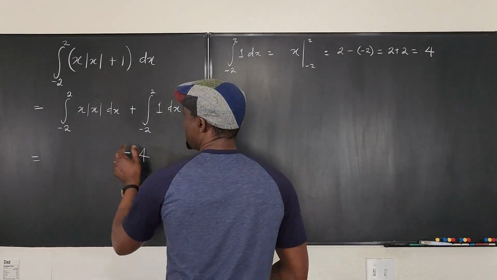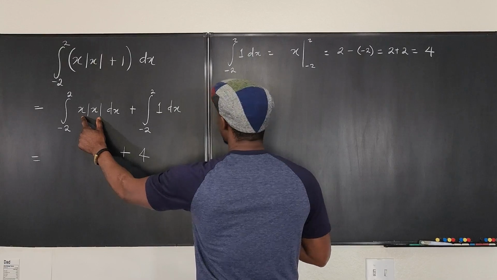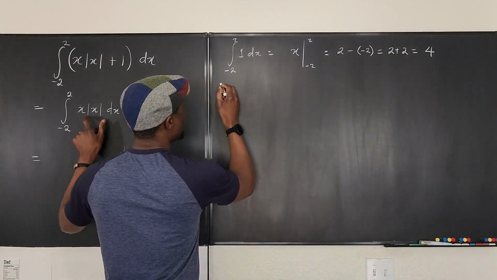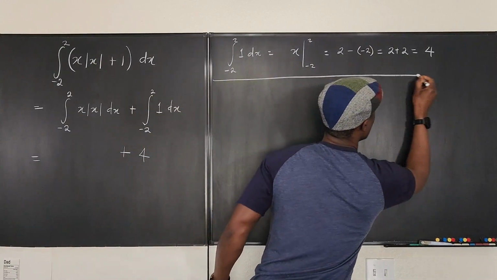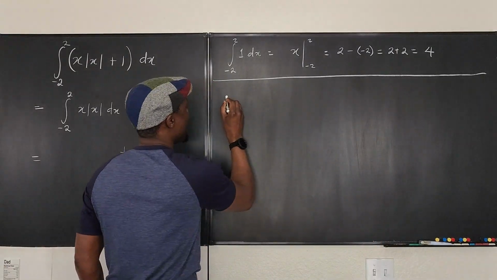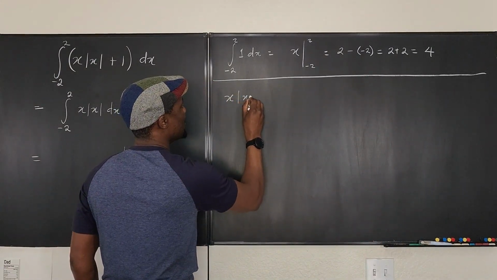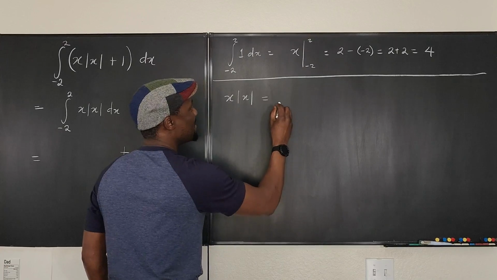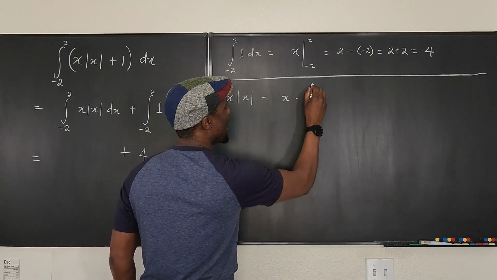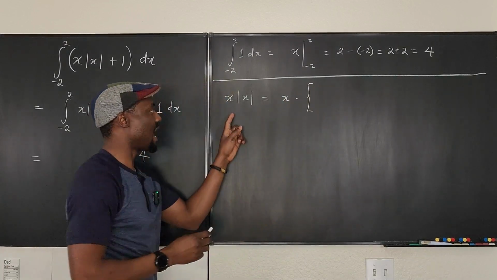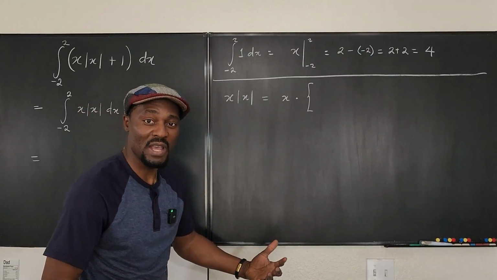So how do you interpret this expression? I want you to look at it this way. We have x times the absolute value of x, which is the same thing as x multiplied by the absolute value of x, written as a piecewise function.